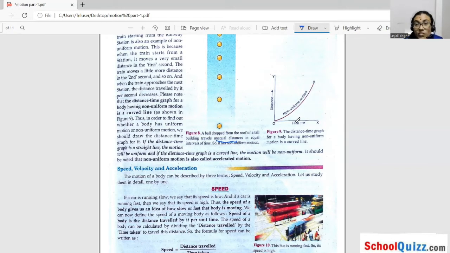And this is the graph of non-uniform motion. Students, this is the graph of non-uniform motion. You can see this is a curve graph. The uniform motion graph will always be straight and the non-uniform motion graph will always be curved. Now, the distance time graph for a body having non-uniform motion is a curved line. Please keep it in mind. The non-uniform graph will be a curved line and the uniform motion graph will be a straight line.